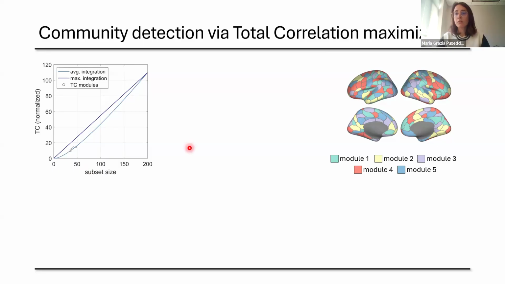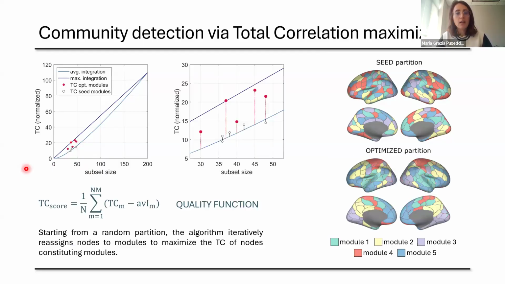But what we want to do is optimize the redundancy within modules. So we want this value of total correlation within modules to be as high as possible. We want it to deviate as much as possible from the average level of integration for subsets of equal size. And so what the algorithm does is it starts reassigning nodes to modules in order to increase the distance between the total correlation within module and the average level of integration for subsets of equal size.